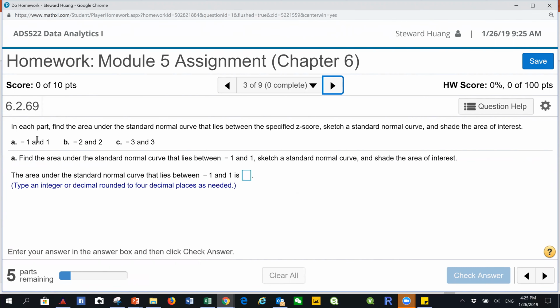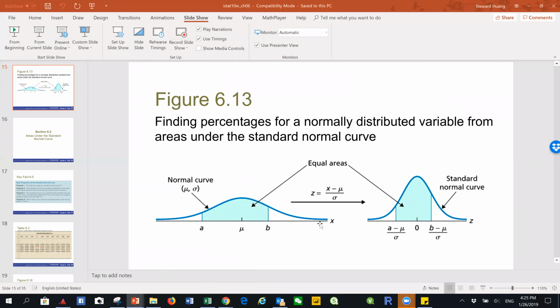Okay, find the area under the standard normal curve that lies between the specified z-scores. So this is to find the area within 1 standard deviation to either side of the center, 2 standard deviations to either side of the center, 3 standard deviations to either side of the center in the standard normal distribution. It's just like this one, but it's symmetric to the center.